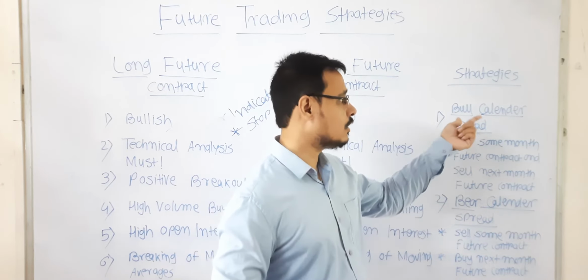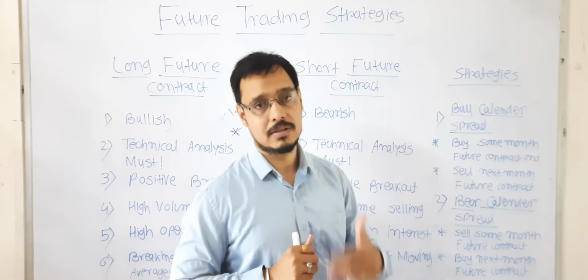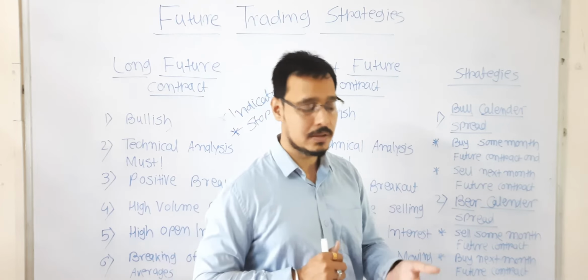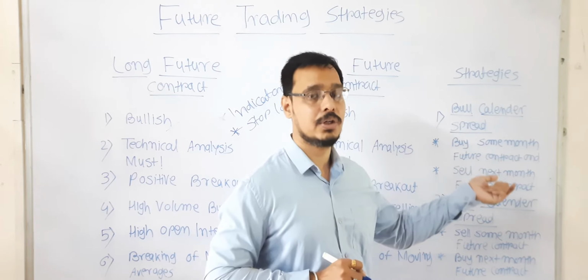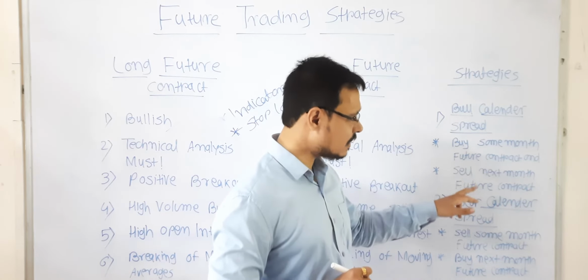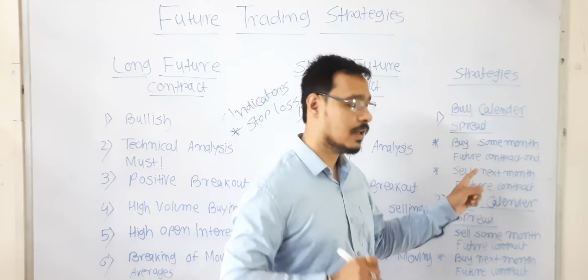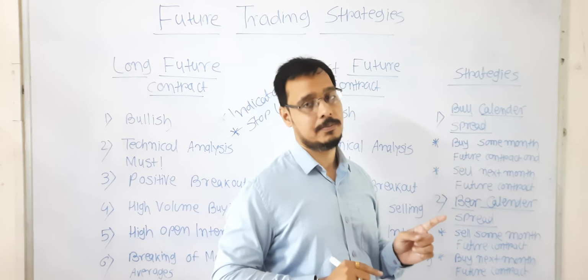If you are entering into the bull calendar spread, if you are thinking that the underlying asset is bullish, if the market is bullish, you will buy the same month future contract of that particular stock or underlying asset. Along with this, simultaneously you will sell the next month future contract of the same underlying.